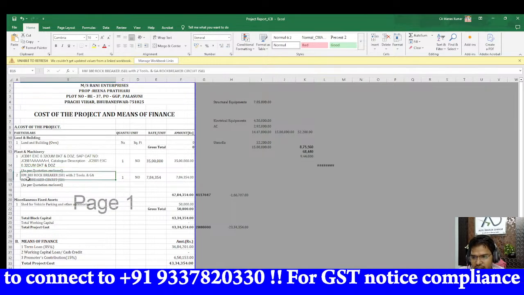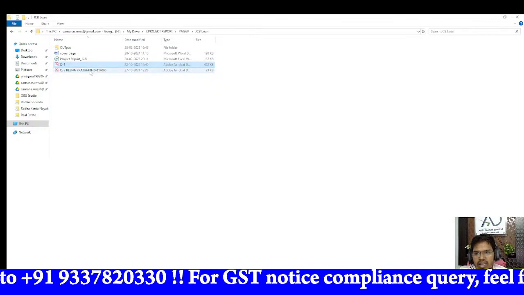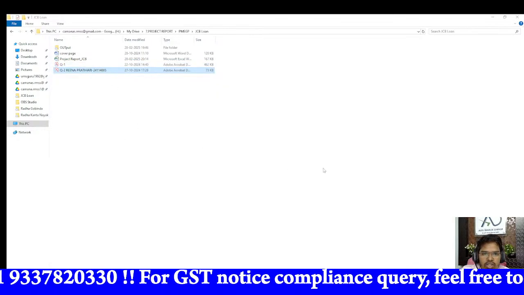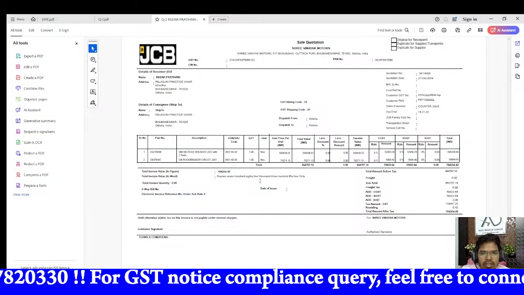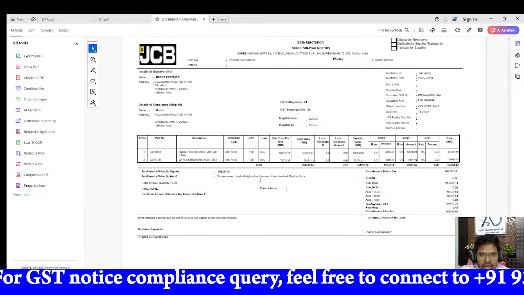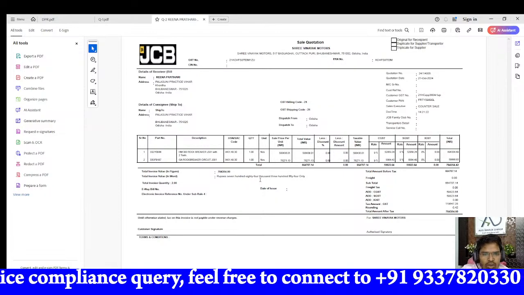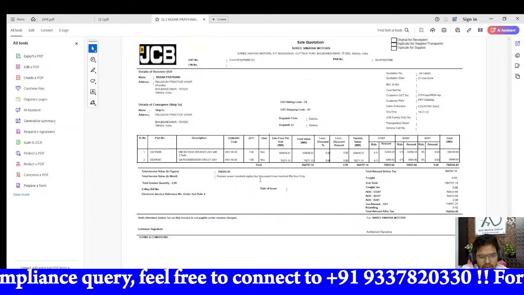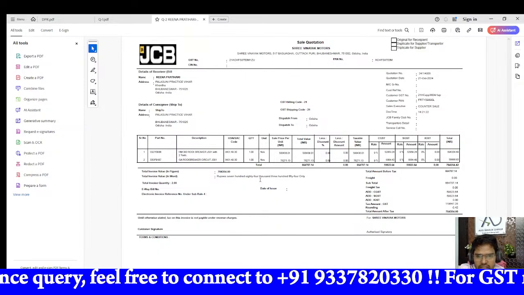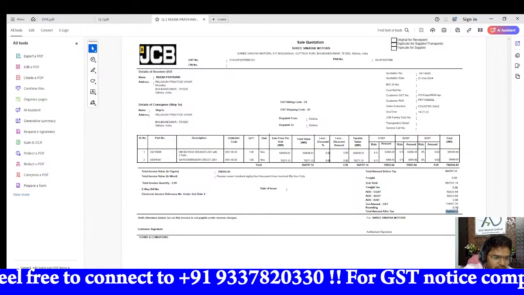Next one is, my client received another quotation regarding the stone breaker. Stone breaker means, in case of the quarry and mining area, there is an additional part that breaks the stones or makes holes in the stones, and that costs 7,84,000.